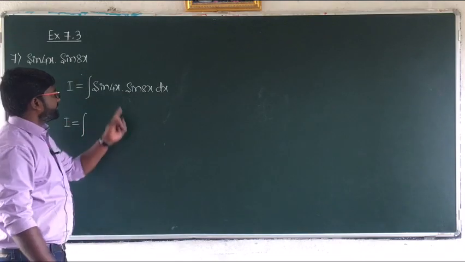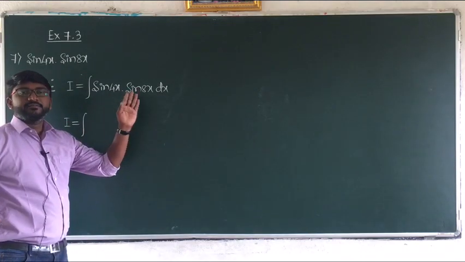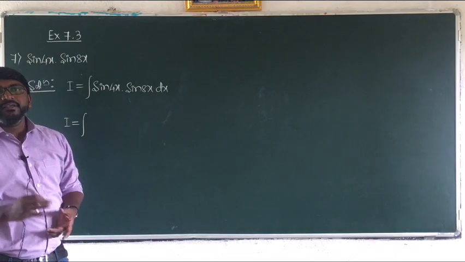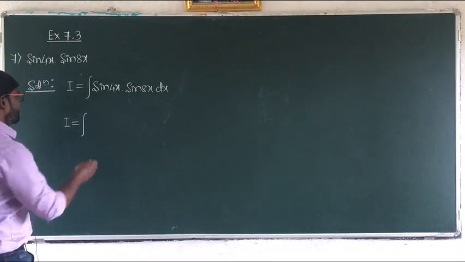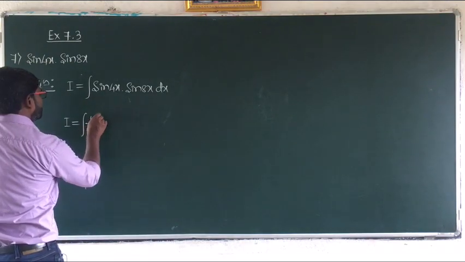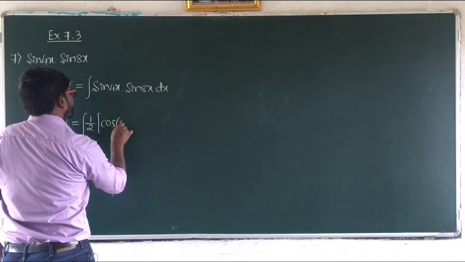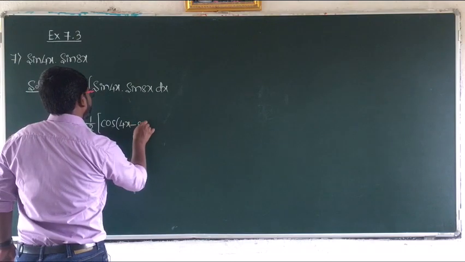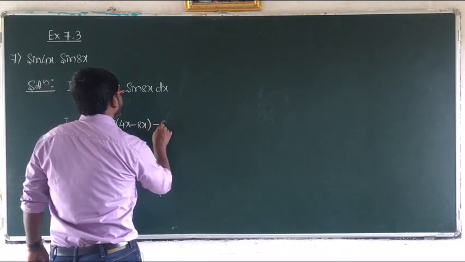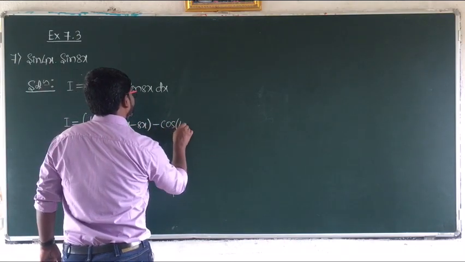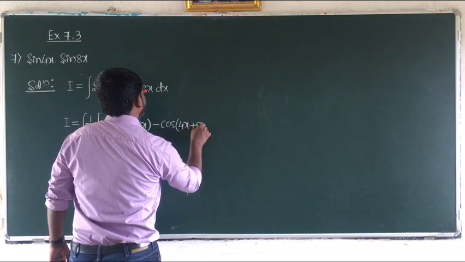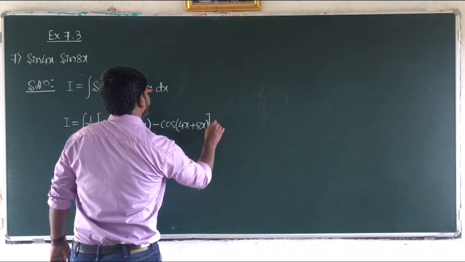So, it is in the form of sin A into sin B, that is nothing but 1 by 2 cos of A minus B minus cos of A plus B. So, 1 by 2 cos of A minus B, that is 4x minus 8x, minus cos of A plus B, 4x plus 8x, dx.